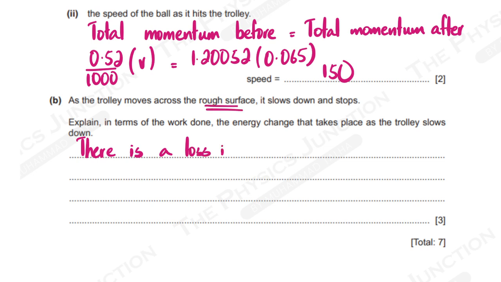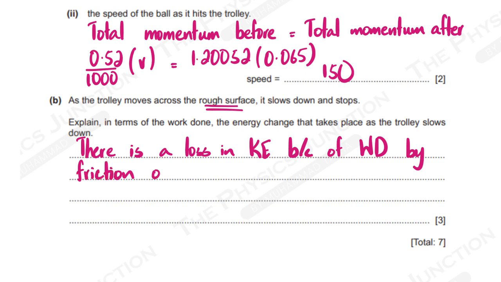So there is a loss in kinetic energy because of work done by friction on the trolley, right? The friction takes away energy from the trolley, producing thermal or internal energy. Right, so that's all you need to say here.